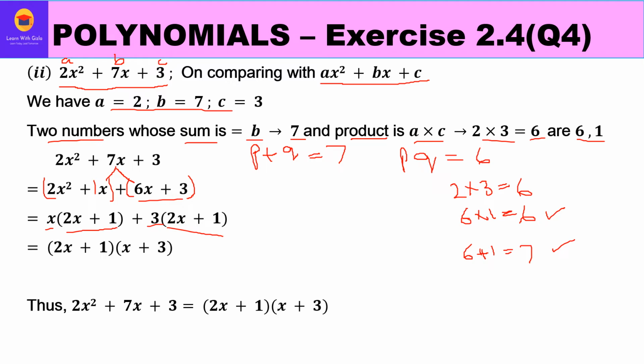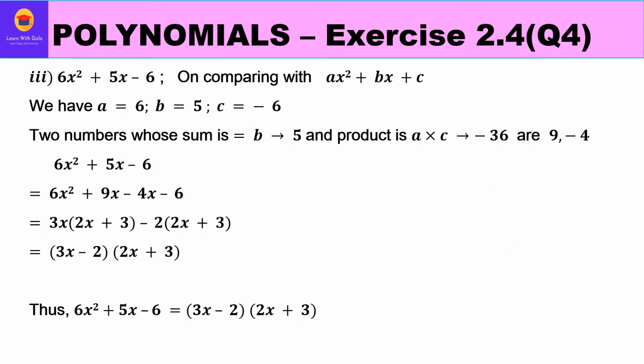Now over here 2x plus 1 and 2x plus 1 is common, so 2x plus 1 common outside, and inside we are left with this x, right, and this plus 3. So another factor is x plus 3. So the two factors which we get of the given polynomial are 2x plus 1 and x plus 3.